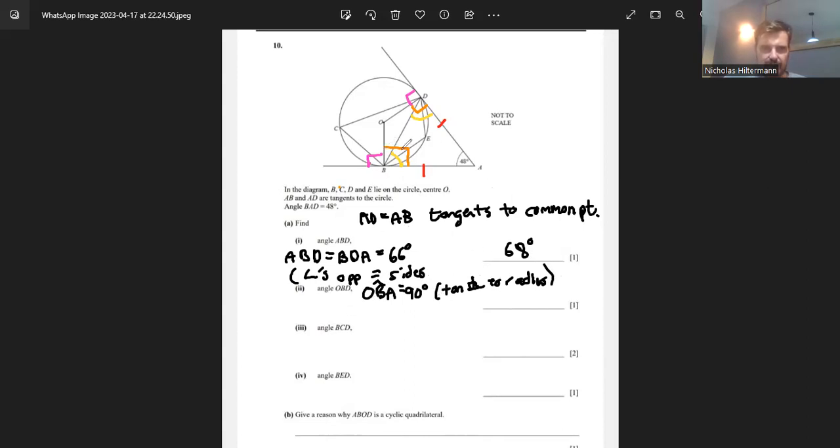And so we could get it by subtracting. So if the orange one is 90 and the yellow one is 68, then the small one is going to be 90 minus 68. So OBD equals 90 minus 68, which is 22.